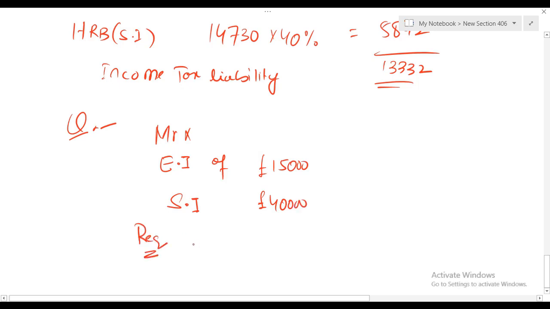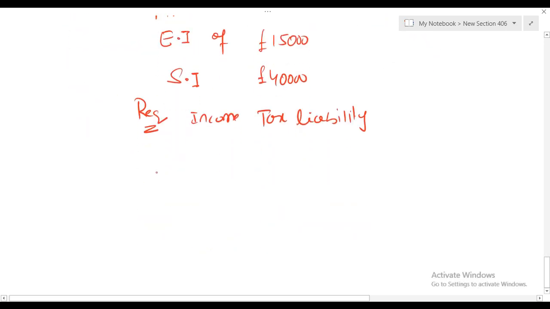The requirement is very simple: calculate income tax liability, non-saving, saving and total. Obviously, employment income is non-saving income, and 15,000 is saving income. Just add them, we'll get 55,000.